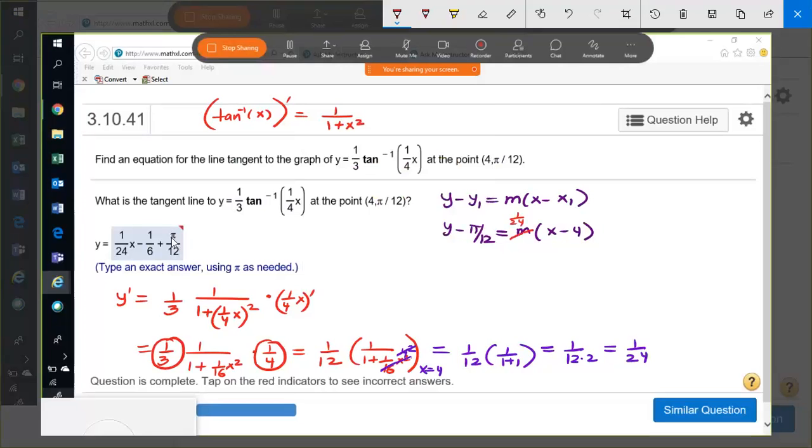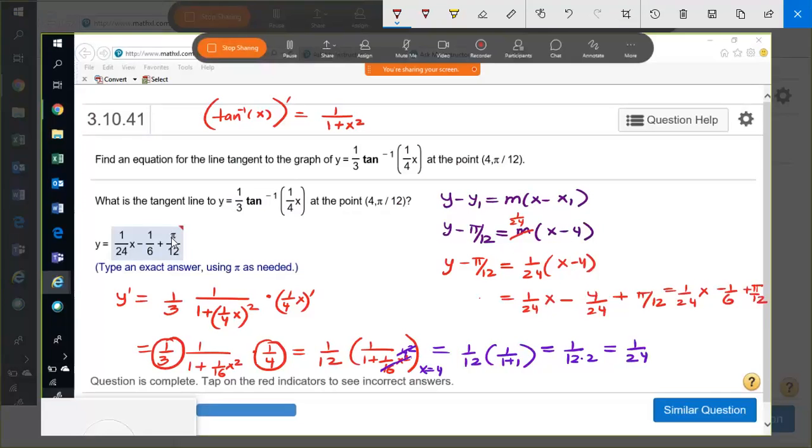So your equation becomes y minus pi over 12 equals 1 over 24 times x minus 4, which is 1 over 24 x minus 4 over 24. Distributing, and adding pi over 12, this is the same as 1 over 24 x minus 1/6, since 4 over 24 is 1/6, plus pi over 12.